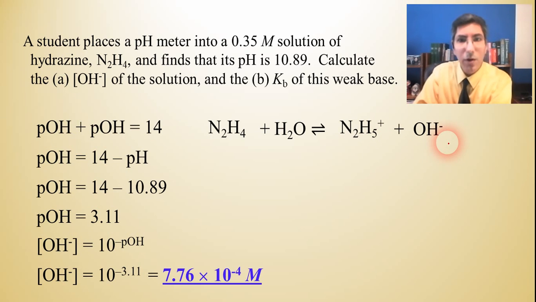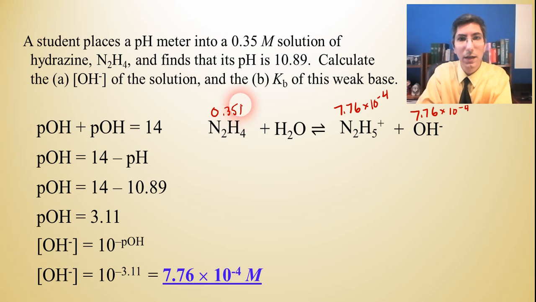And if we know that the hydroxide concentration is 7.76 times 10 to the minus fourth, we should be able to figure out what the N2H5 positive concentration is as well, right? It's the same thing, because it's a 1-to-1 ratio. It's also 7.76 times 10 to the negative fourth. And of course, hydrazine is very close to 0.35 molar. This is a weak base, so it may be a little bit less than that, but not much less than that.